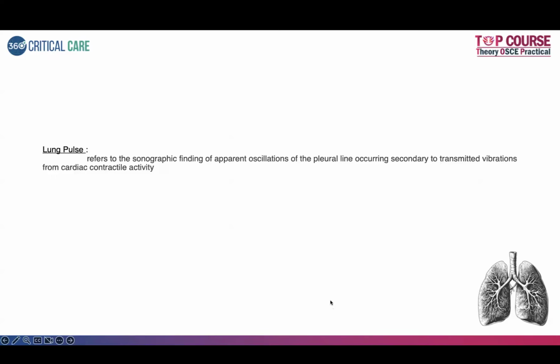The next parameter is lung pulse. It refers to the sonographic finding of apparent oscillations of the pleural line occurring secondary to transmitted vibrations from the contracting heart. Very simple to say. Usually in patients who are paralyzed and not ventilated, if you keep a capnographic waveform, you will be able to see cardiac oscillations.